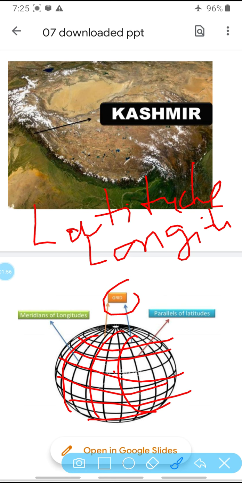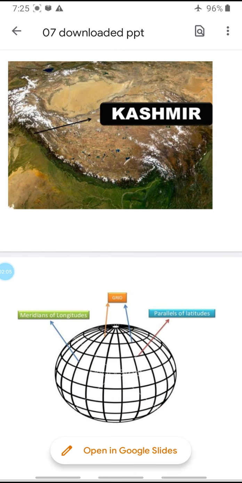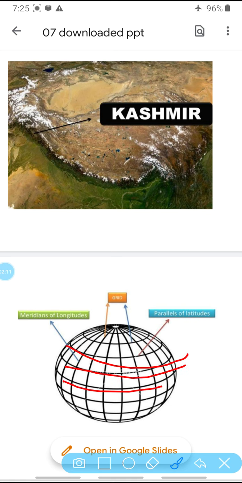The horizontal lines are called parallels of latitude, and the lines which run in this vertical way are called meridians of longitude, and the gap in between these lines is called a grid.